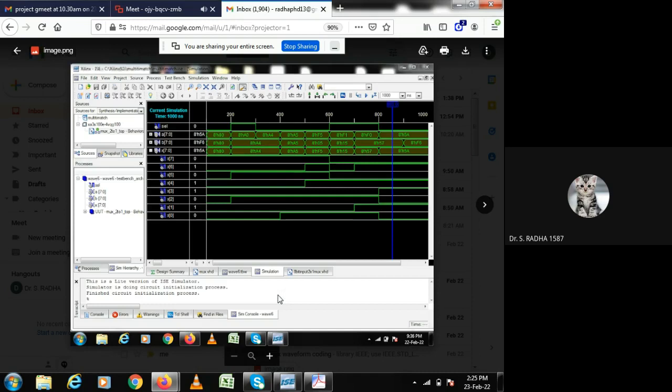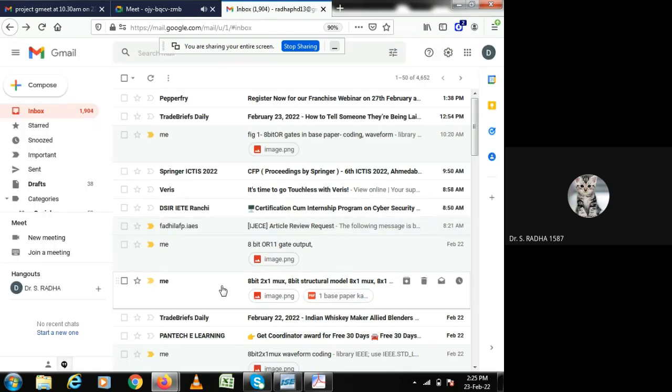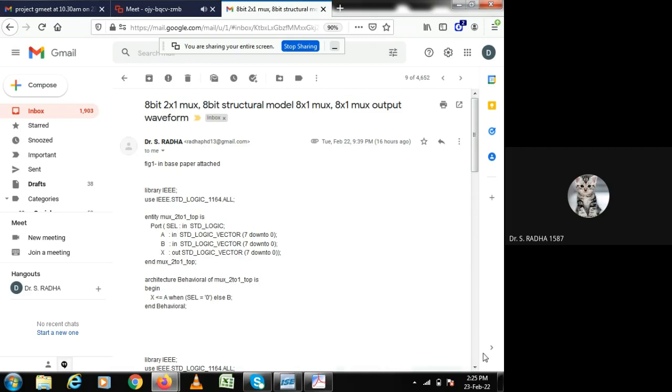I got the output waveform for this. This is the 2 by 1 coding only.